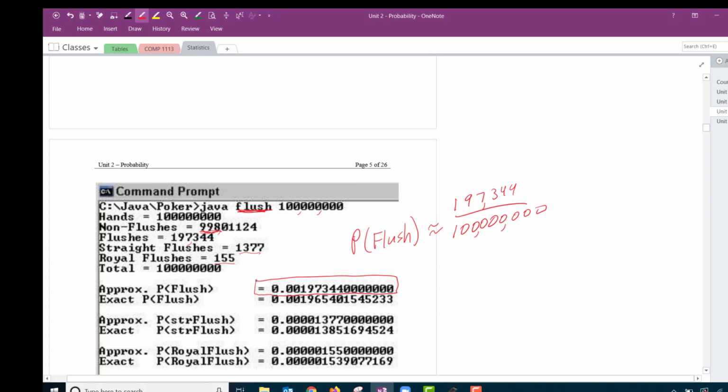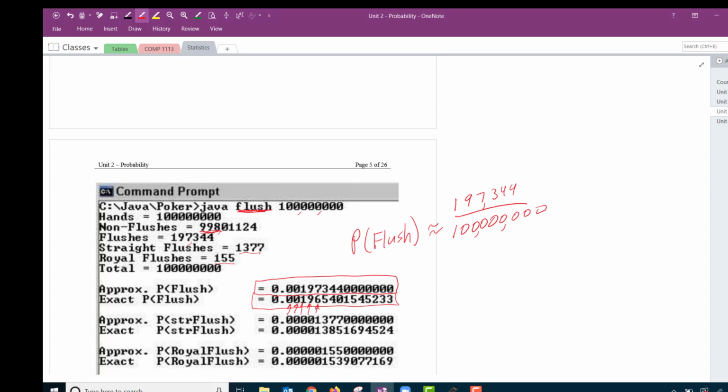I know the actual probability of getting a flush. I can either calculate it or I can look it up somewhere, and I output that just for comparison. You'll see that the first 4 decimal places, maybe even 5 if we rounded it to 5 decimal places, we would match. The actual and the approximate would be the same to 5 decimal places after 100 million hands.